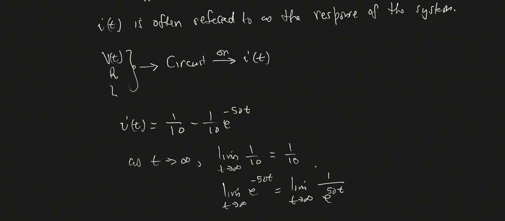Now I have a fraction where the numerator is constant, but the denominator is going to positive infinity. Thinking back to our limits at infinity properties from Calc 1, this is not an indeterminate form; the numerator is a constant and the denominator is getting arbitrarily large, so the entire fraction approaches 0.